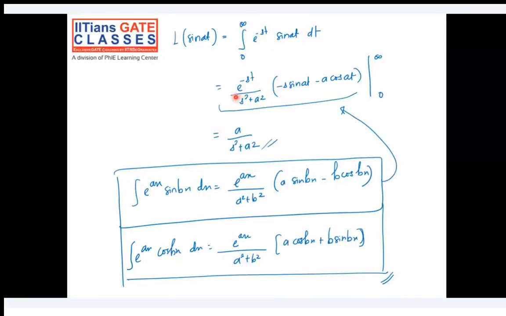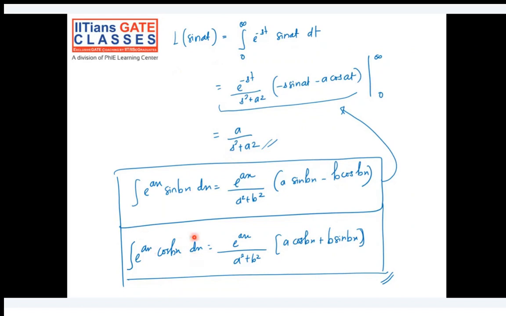So e to the power minus st divided by s square plus a square times minus s sine of at minus a cos of at. Then when you put the limit, ultimately you get a divided by s square plus a square. Similarly, the Laplace transform of cos of at you can calculate, but at that time you may have to use the other formula.